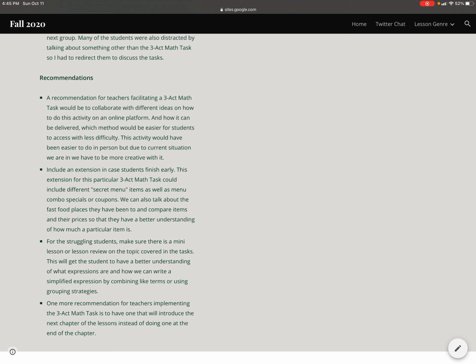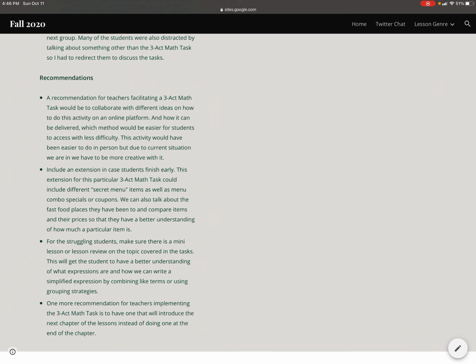But something I recommend would be an extension for this exact 3-act math task, called Order Up. I would include different secret menu items. Let's say we could include a smoothie, or, I don't know, a dessert.